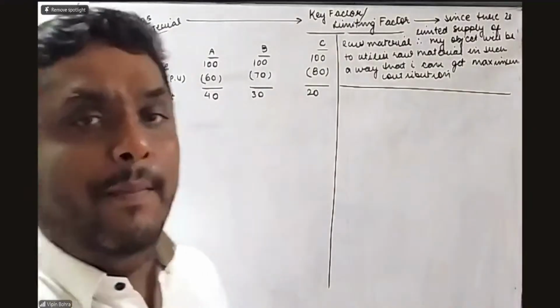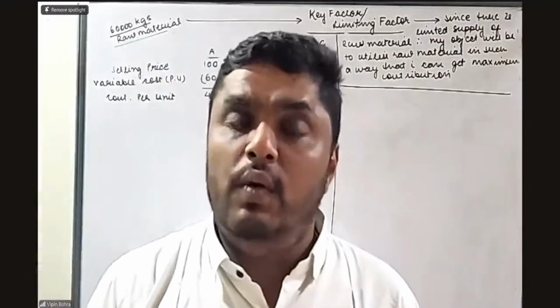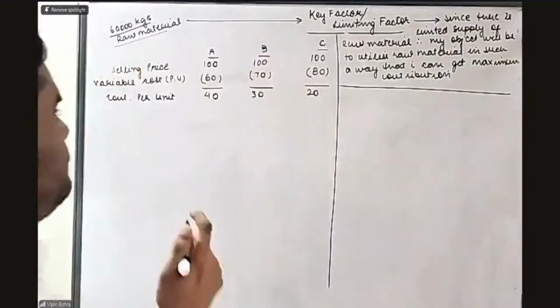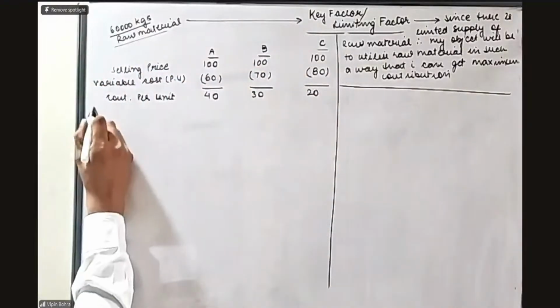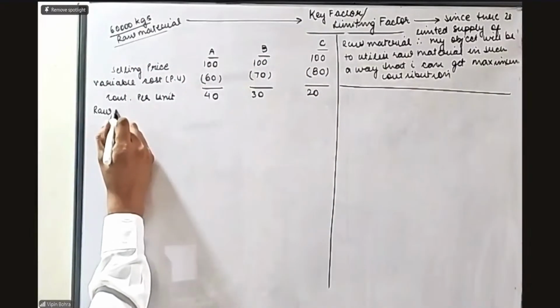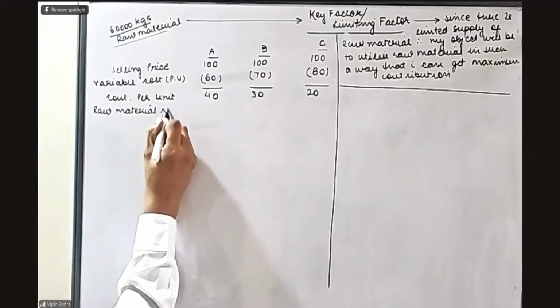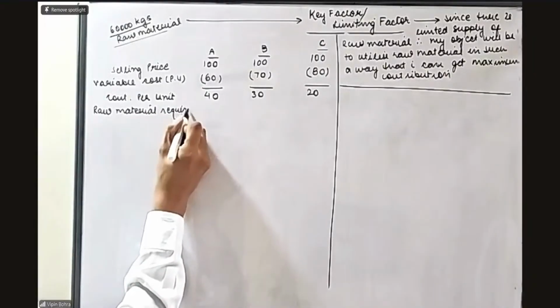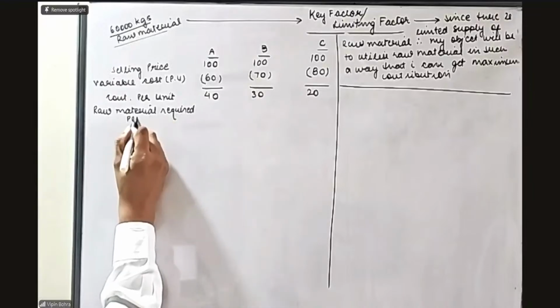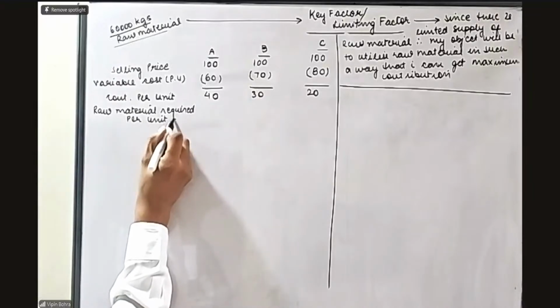So herein, my raw material is in very limited quantity. Now, let's say the information is given that is raw material required per unit.